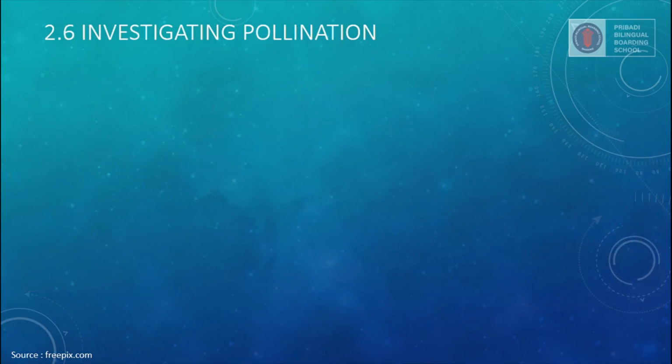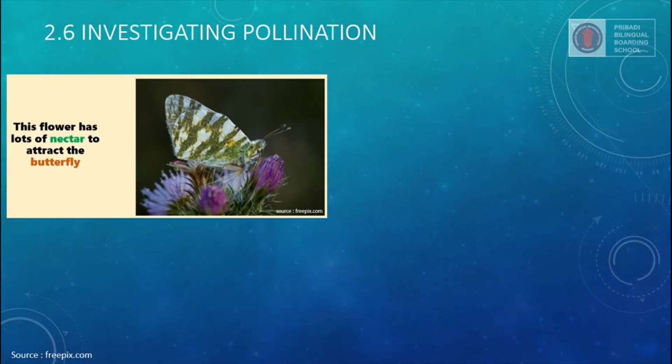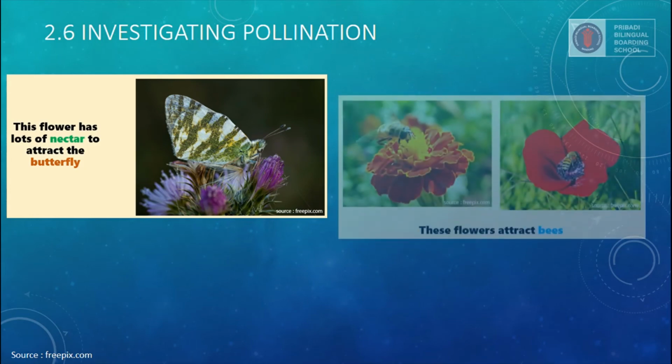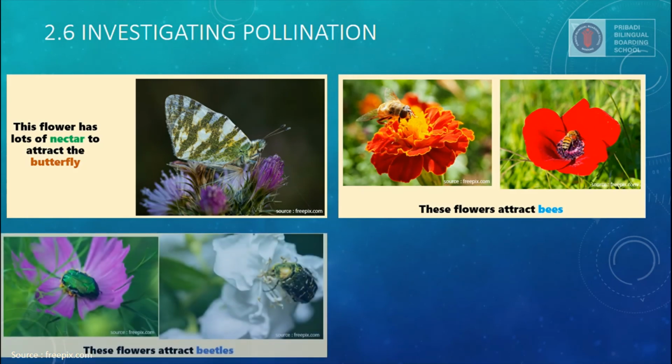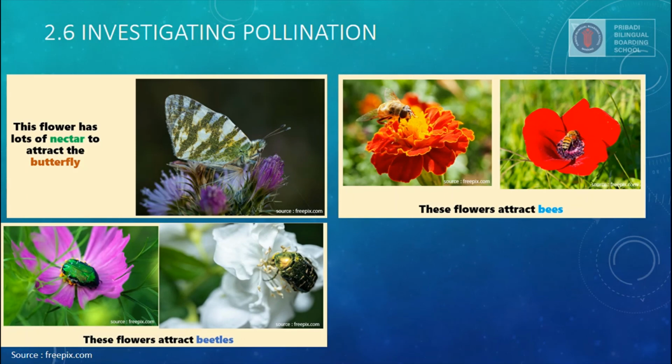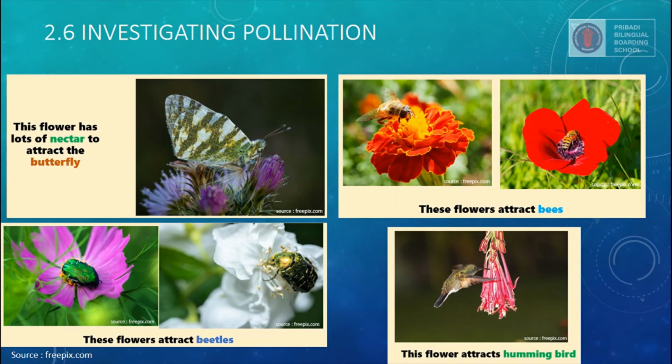About pollination, we can investigate that some flowers only attract butterflies, for example this flower, because it has a lot of nectar, and this flower also attracts bees. It's very colorful. Some flowers attract beetles, while other flowers attract hummingbirds.